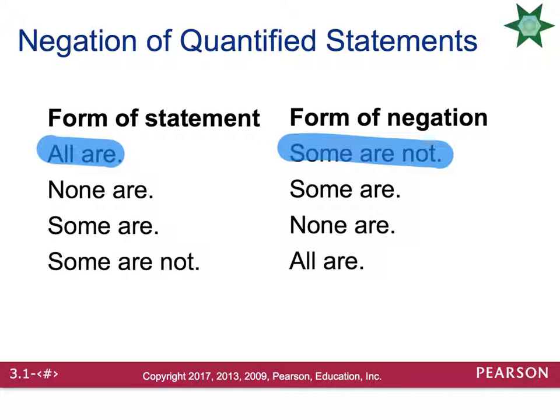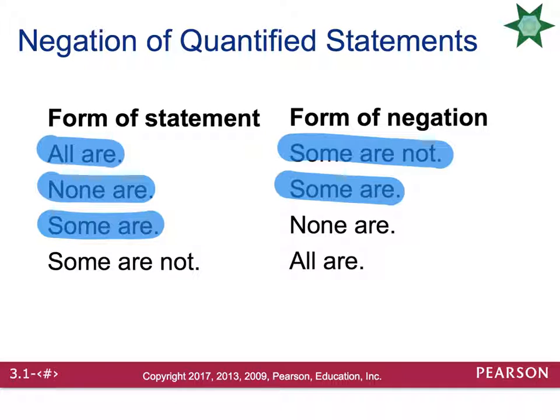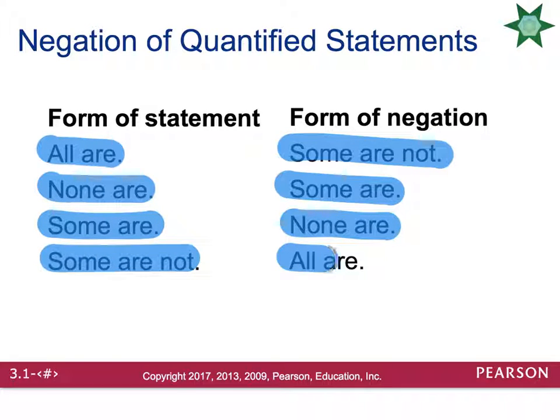When we have a statement that says none are, the negation would just be that some are. It's just what makes that statement go from true to false. For a statement some are, the negation would be none are. And for the statement some are not, the negation would be all are.